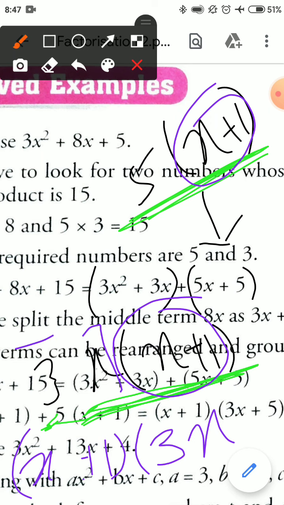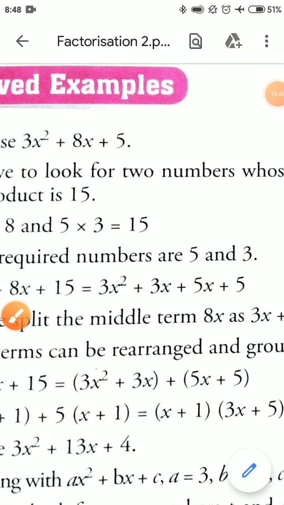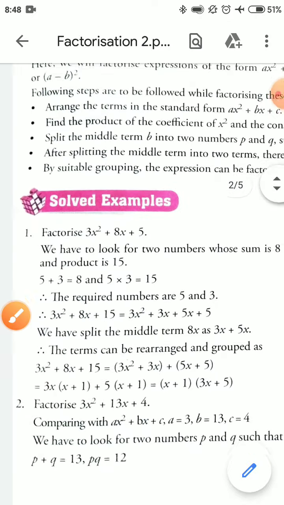This 3x, we are left with this. And in the second term, if we take x plus 1 common, we will be left with plus 5. So this is our required factorization, that is x plus 1 into 3x plus 5. Right, let us move on to the next example.